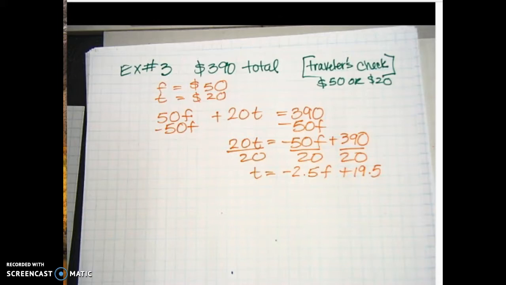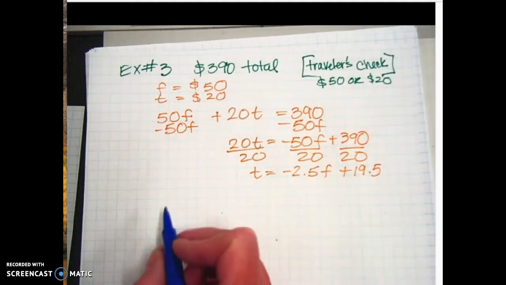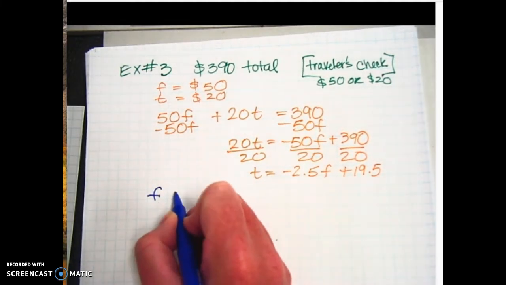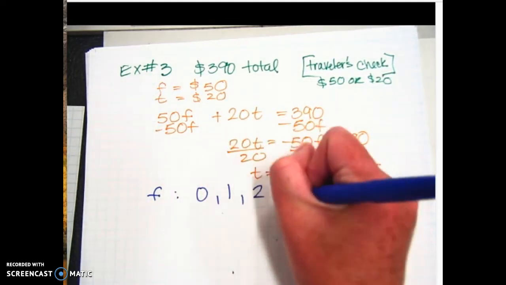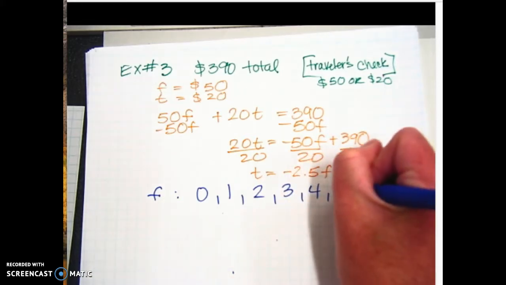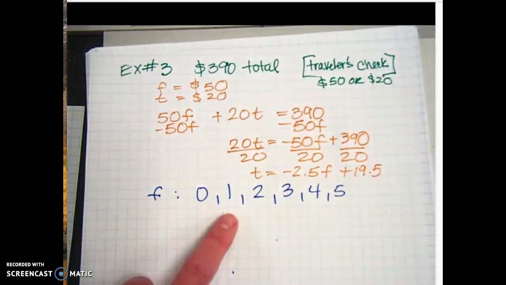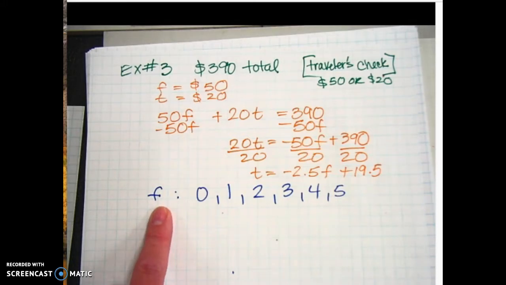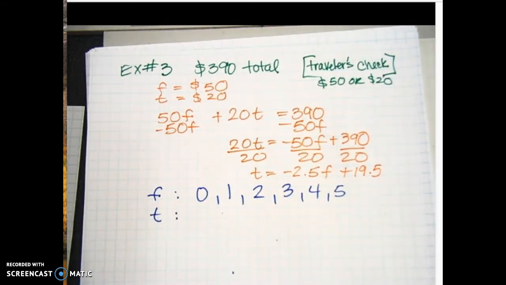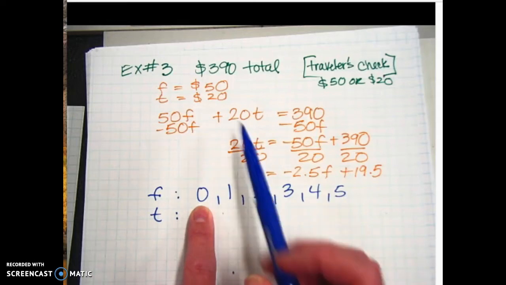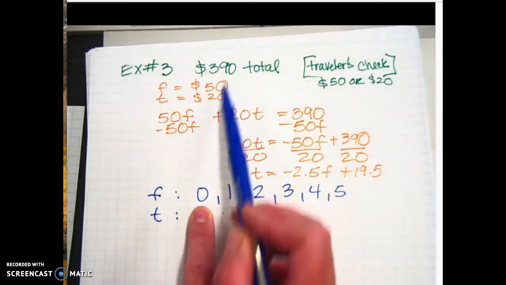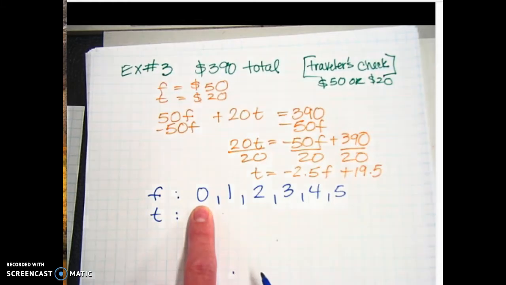So we're going to try the possibilities. So for f, let's say we try some different numbers and see if it'll even work, okay? So f is 50s, t is going to be our 20s. If we have 0 50s, can we have 20s only that are going to add up to $390?